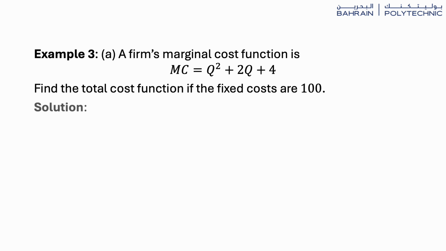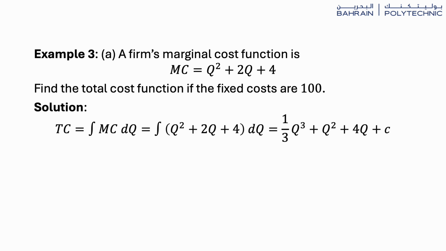We have to integrate the marginal cost with respect to dq. So the integration of q squared, 2 plus 1 will be 3, divided by 3. The 2q will be just q squared, and integration of 4, which means q to the power 0, will be q to the power 1, so it will be 4q. And we have to add c.